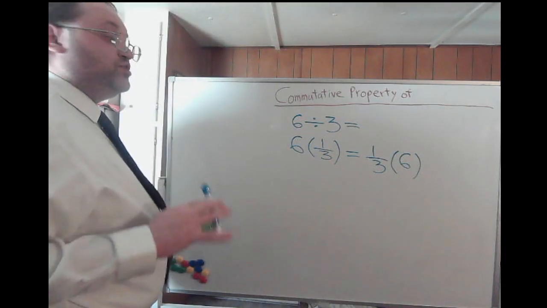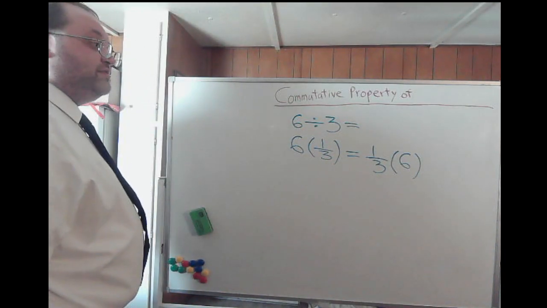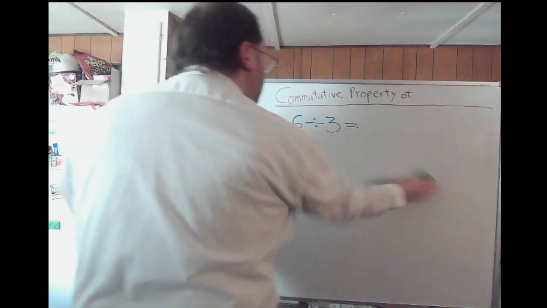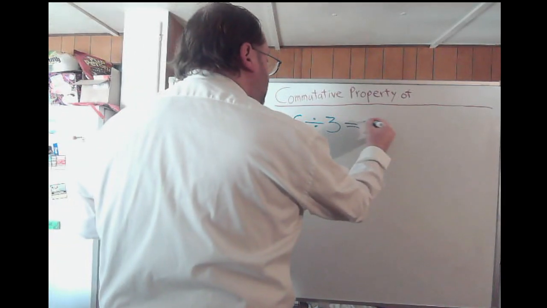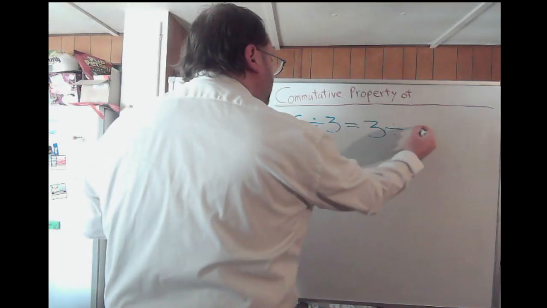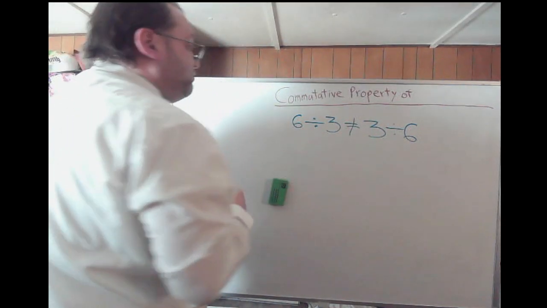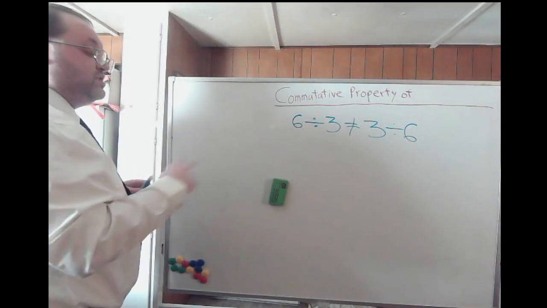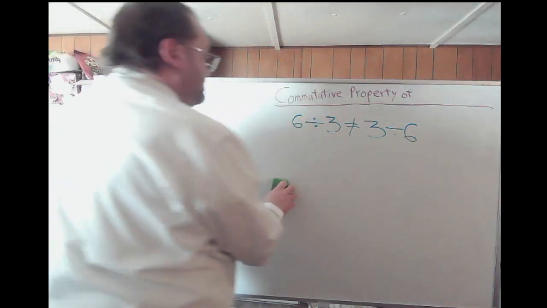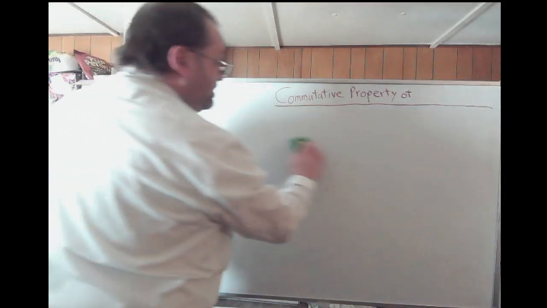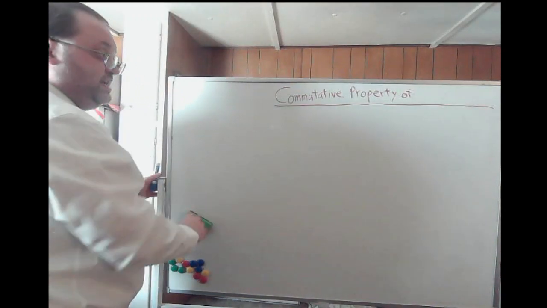That's the closest you're ever going to come to a commutative property of division, but you simply cannot switch the 3 and the 6 around, because you're not going to get the same result. The commutative property only works if you get the same result if you switch the places around. So the commutative property only works for addition and multiplication.